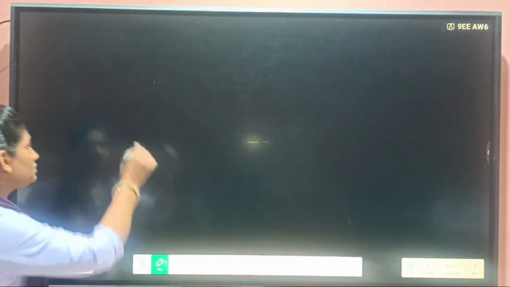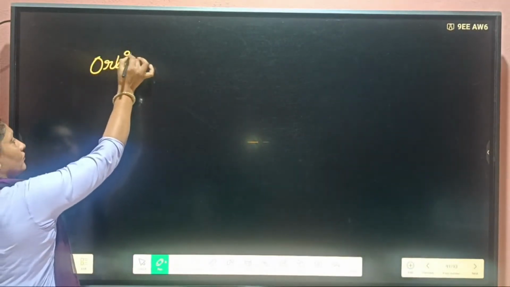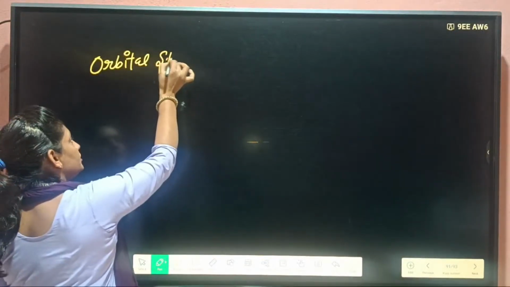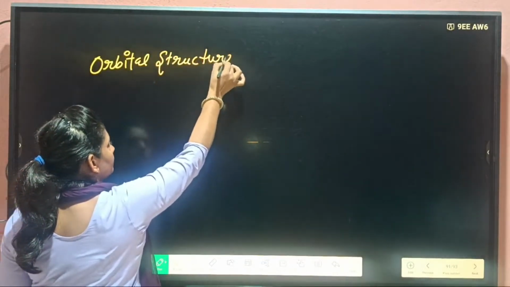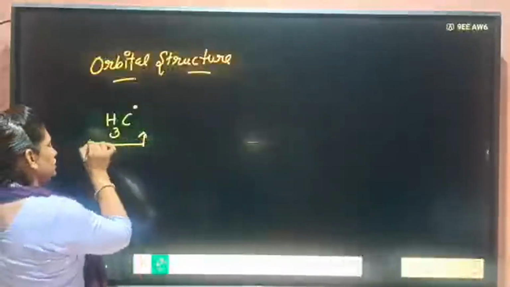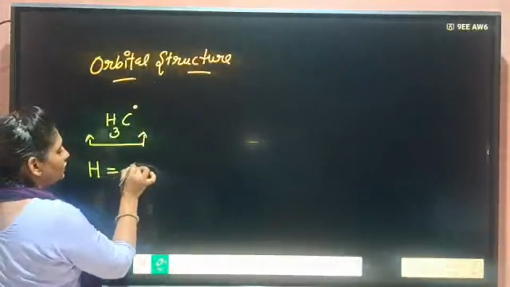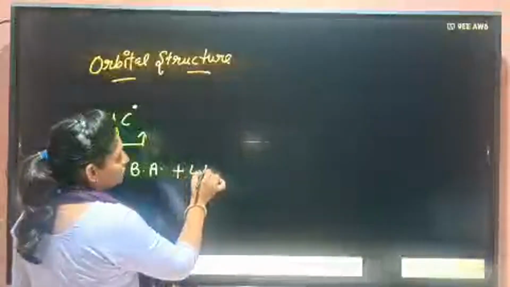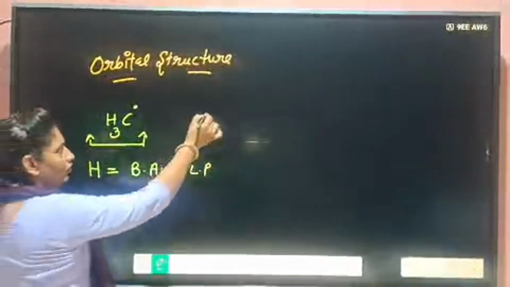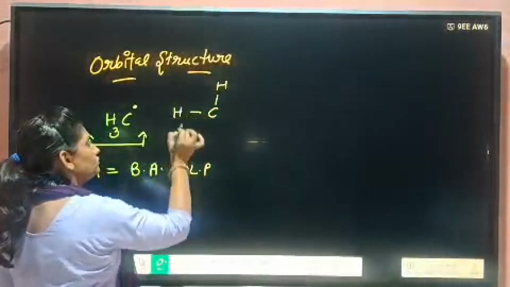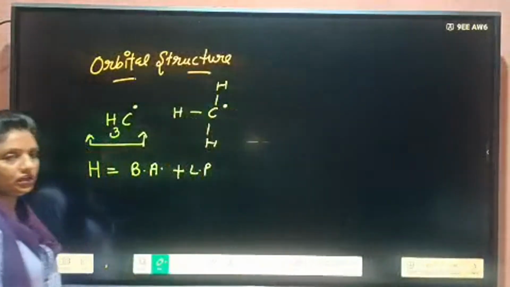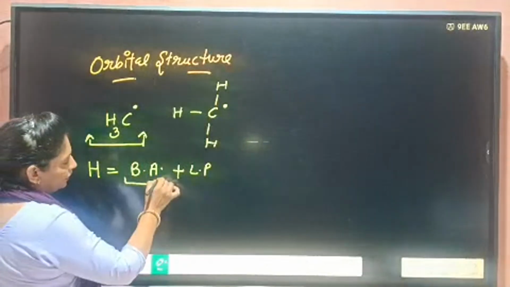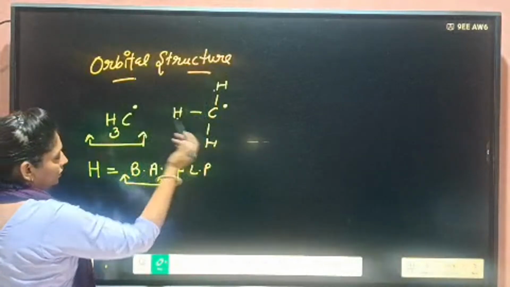Now students, orbital structure. This one is the methyl free radical. How can you calculate hybridization? Number of bonded atoms plus number of lone pairs. You know very well this carbon is forming one bond with this, one with this, and one with this, with one free electron here. So how many bonded atoms? 1, 2, 3, so 3 bonded atoms.